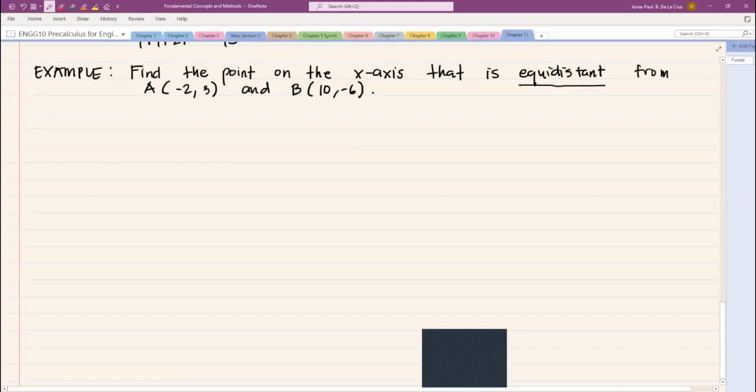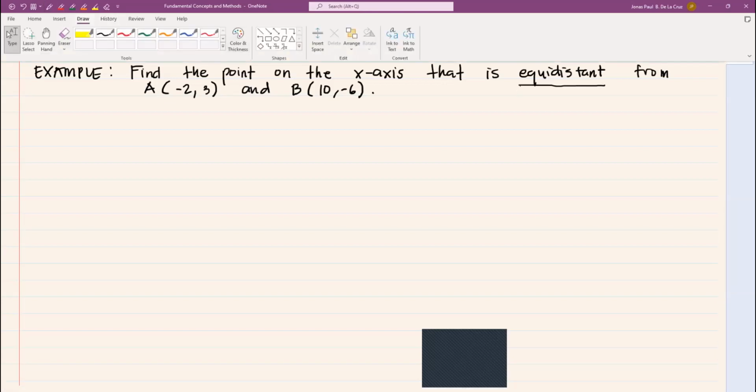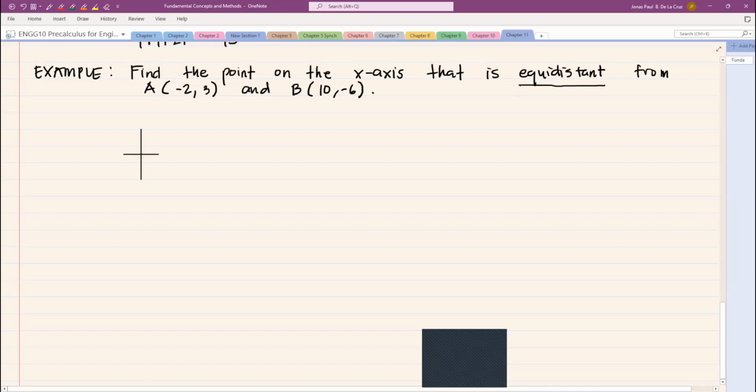You don't need to draw, pero kung gusto nyong i-draw, pwede din, ano? Okay, sketch na lang para ma-visualize natin kung anong itsura nito. Yan.